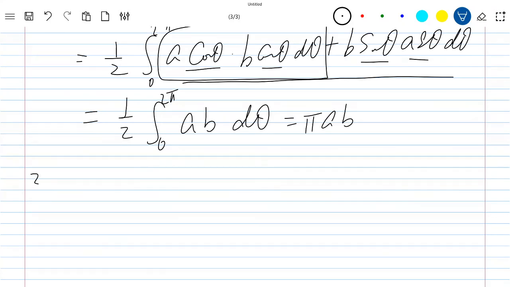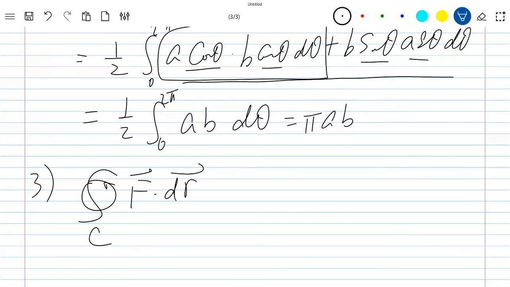Now let's see a third application of this Green theorem. It can be used to find the integral of a vector field along a closed curve. In the last example, we saw that the integral along a curve can give us the area, but sometimes the integral along a curve is not so easy.